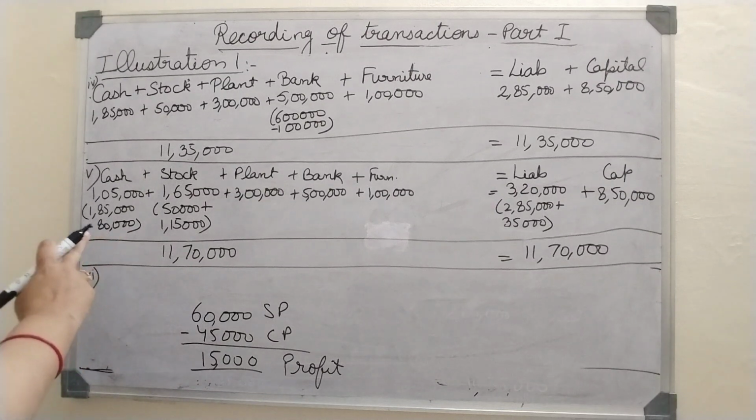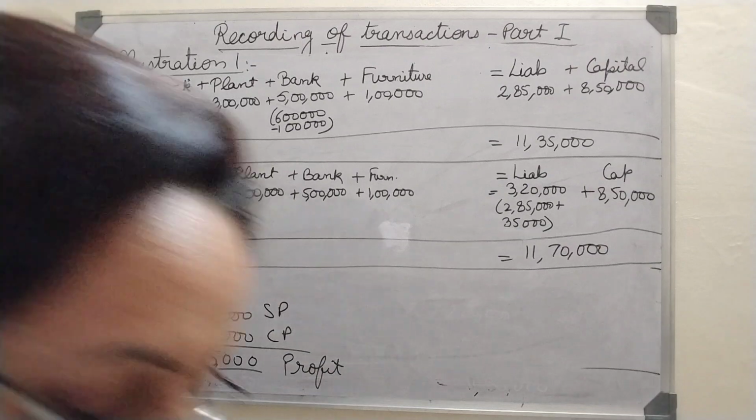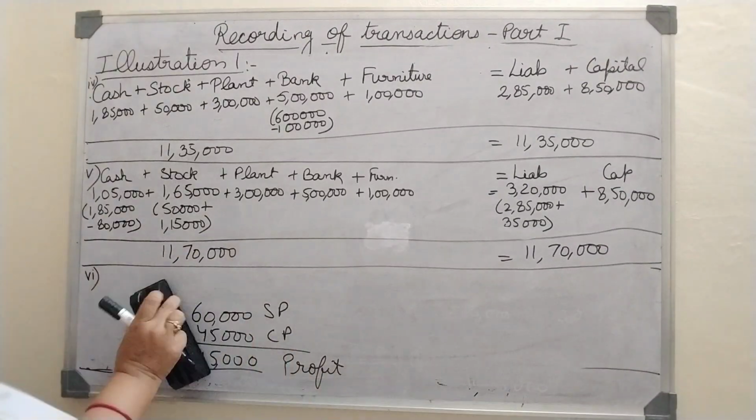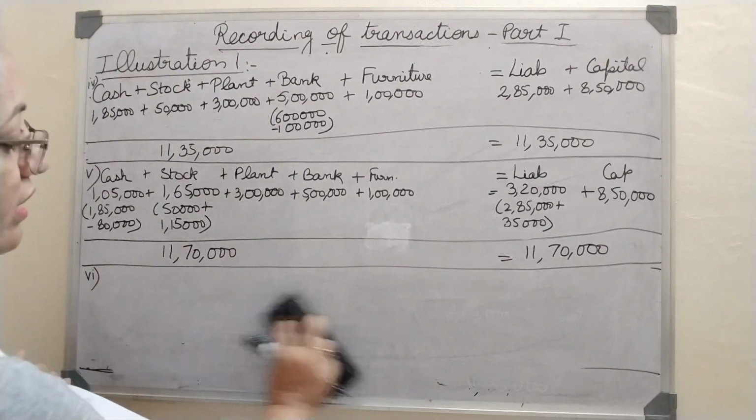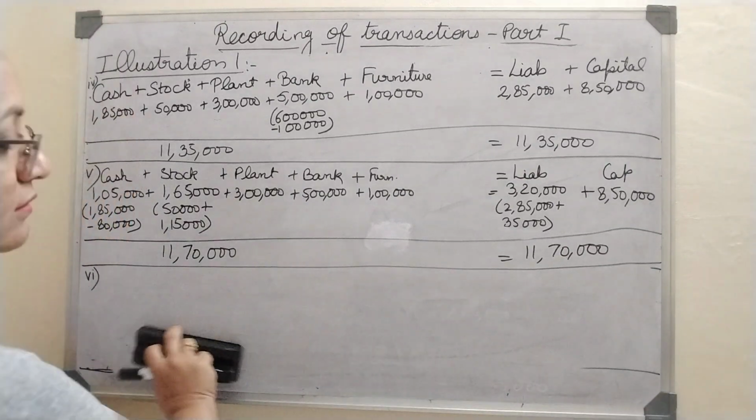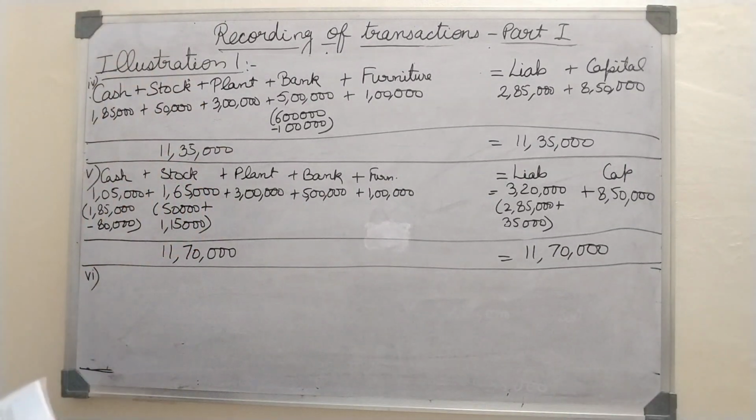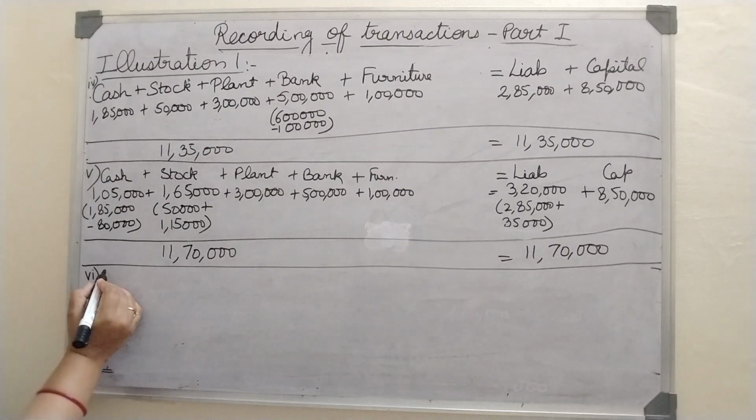So we have got the cash of 60,000, so it should be added in cash. Clear? And profit will go where? It will be added in capital. This step is very important. This is 3 effects, right? This equation is affected in 3 places, so you have to keep this in mind.